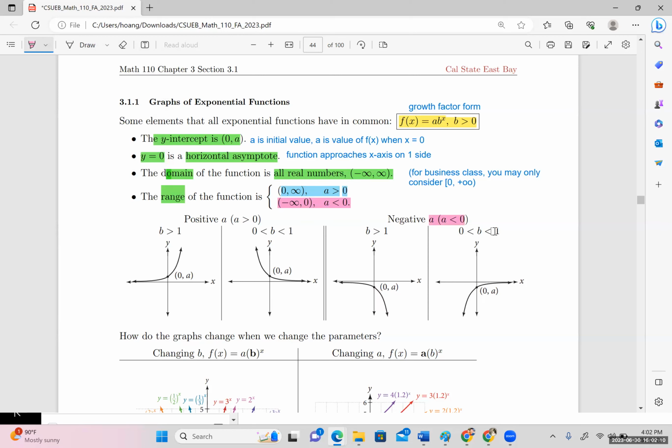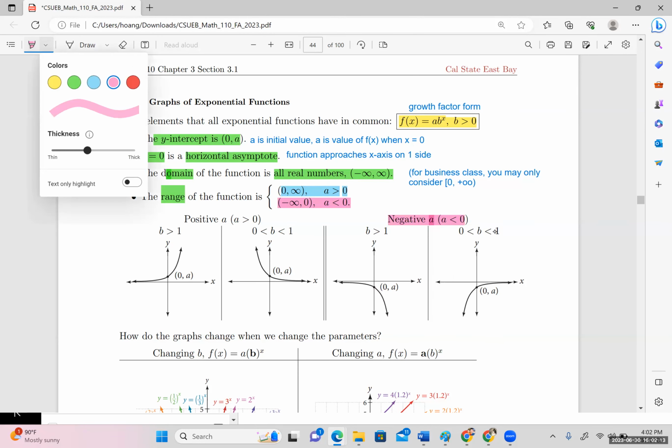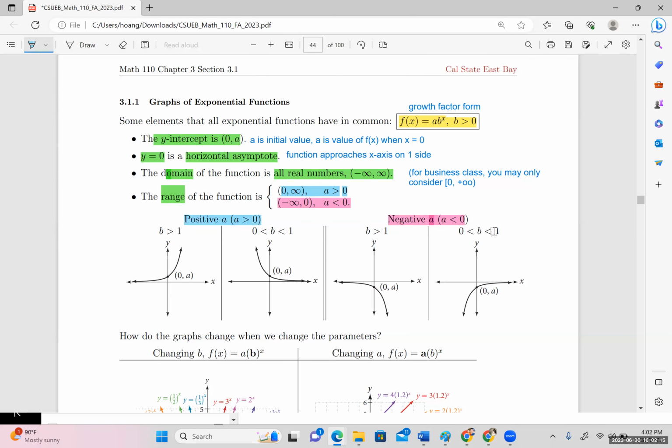Okay, so I will say two cases. One case is when you have positive a, and we mostly consider this case in this class, because the initial values in our class are mostly positive, right?